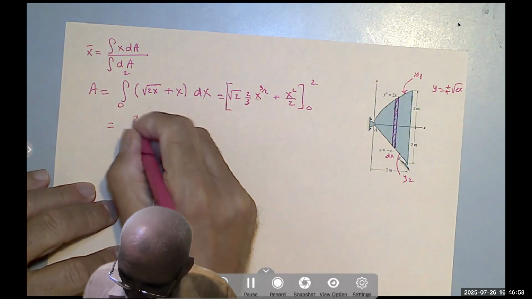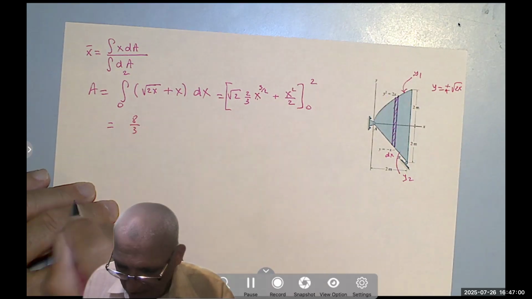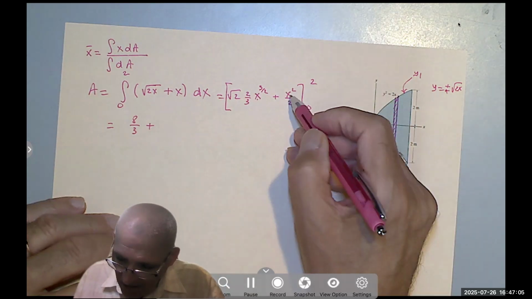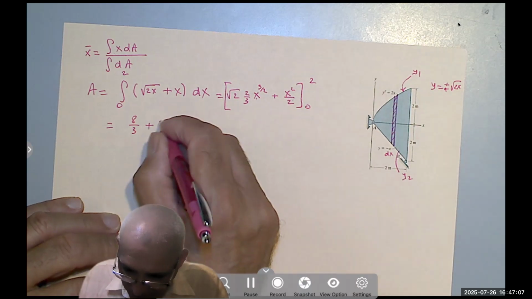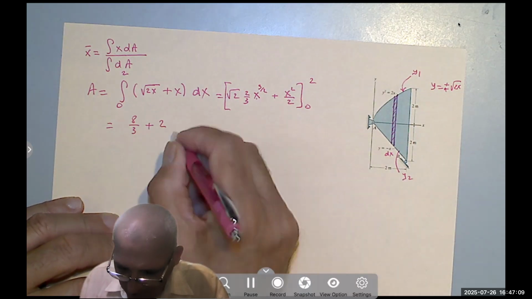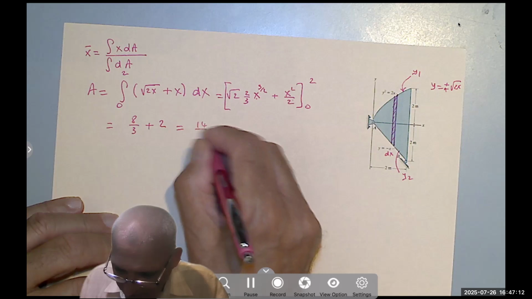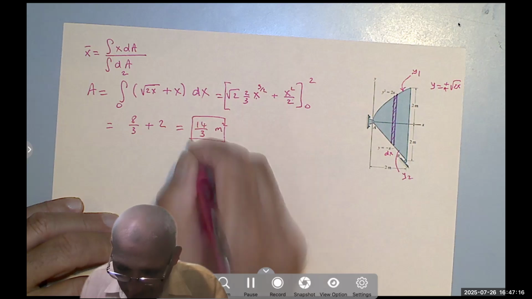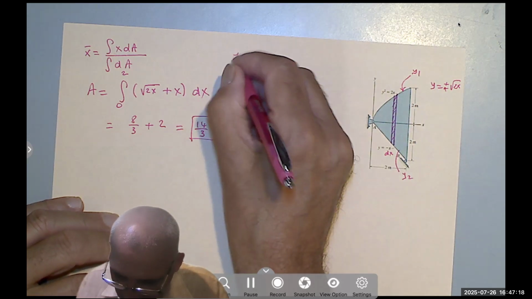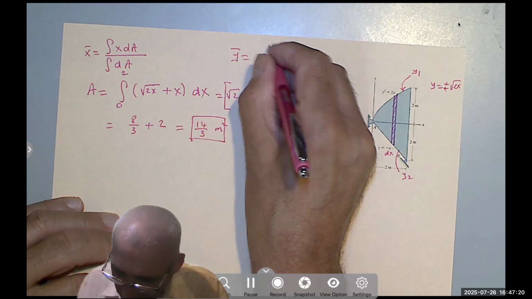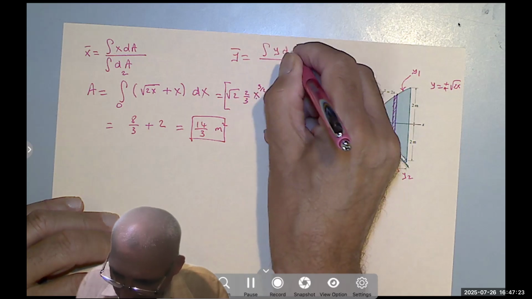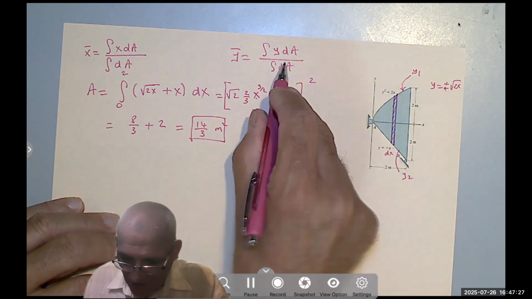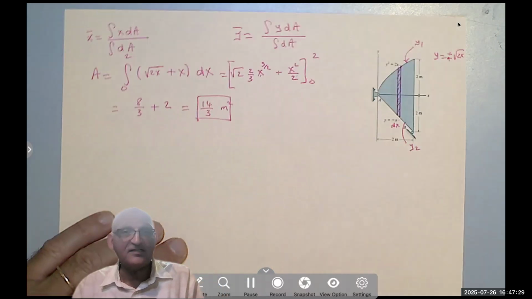It's 8/3 plus x squared is 4 over 2 is 2. 2 is 6/3 plus 8/3 is 14/3 square meter. That's the area. Notice that y bar likewise would be the integral of y dA over the integral of dA, so this one serves as the denominator of both x bar and y bar.